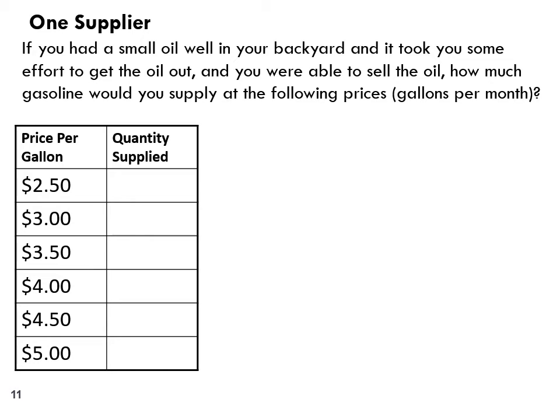If the price is cheaper, you will want to supply less, let's say 25 liters per week. But if the price increases, you will spend more effort and you will supply more and more. As the price increases, the quantity that you supply increases.